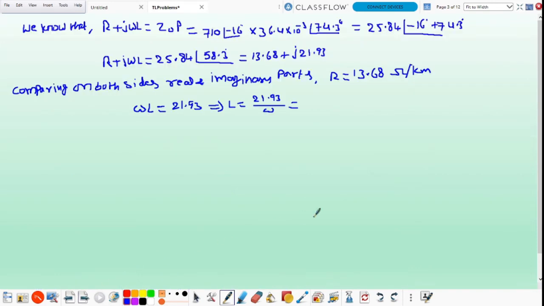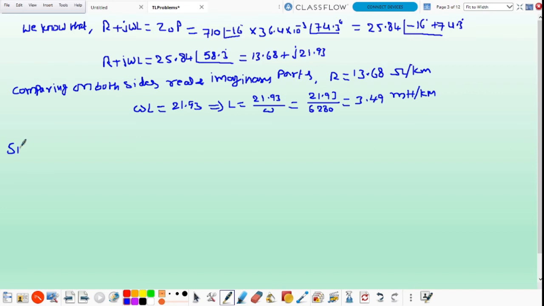Substituting the omega value, L is equal to 21.93 divided by 6280, and simplifying we get 3.49 millihenry per kilometer. The inductance is measured in henry per kilometer.